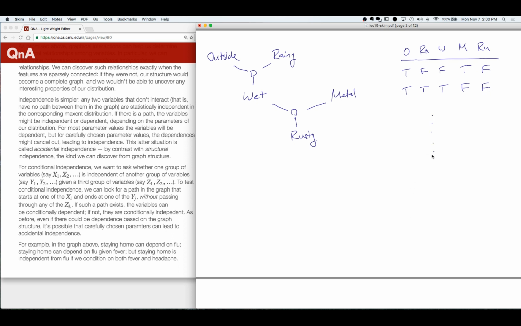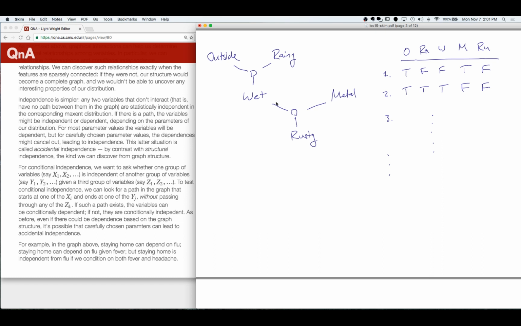And so our data would be a whole bunch of examples, 1, 2, 3, and so forth, where in each example we observe these 5 variables, and then we want to fit a joint probability distribution to all of them. And so we might try to fit a distribution that's described by this graphical model.